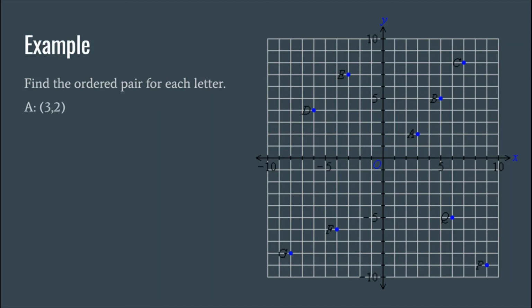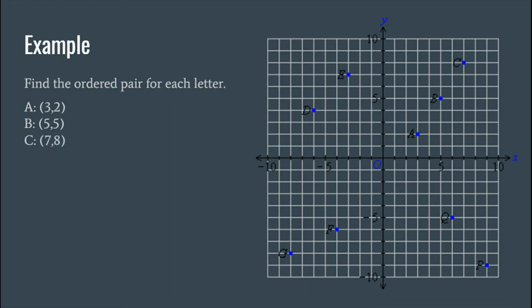Okay, now let's try B. Here's B. So B is at 5, 5. Okay, I'll let you try C. If you got C, C should be 7, 8.